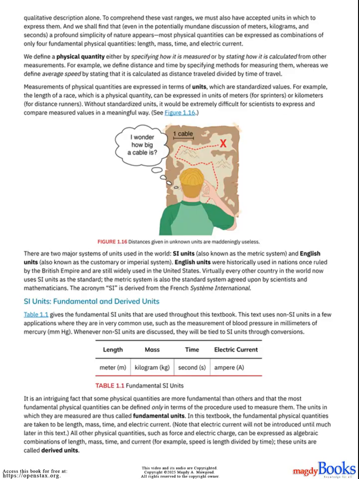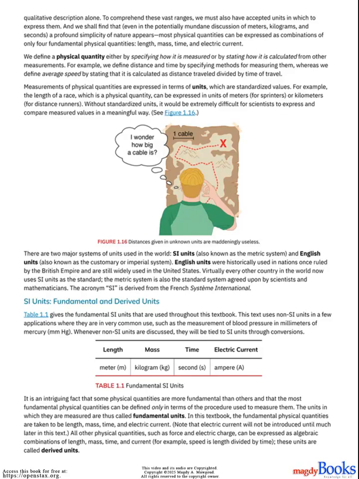Whenever non-SI units are discussed, they will be tied to SI units through conversions. Length: meter, m. Mass: kilogram, kg. Time: second, s. Electric current: ampere, A. Table 1.1, Fundamental SI units.